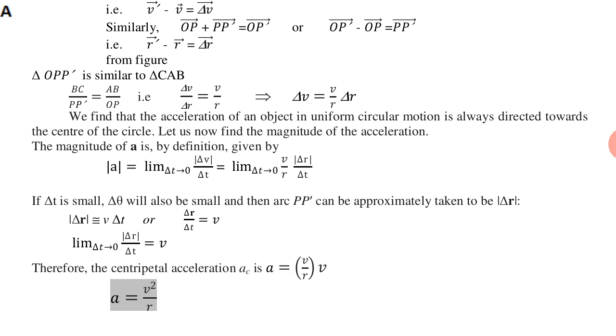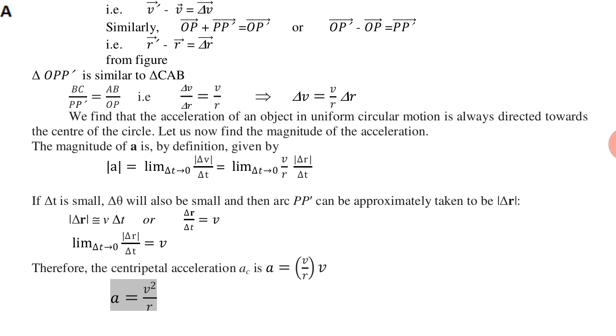So delta r by delta t, delta r is the change in the position of radius, delta t is the time taken to change that radius. So simply delta r by delta t gives velocity.